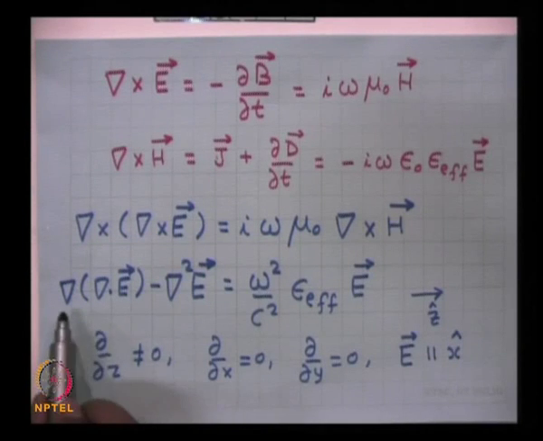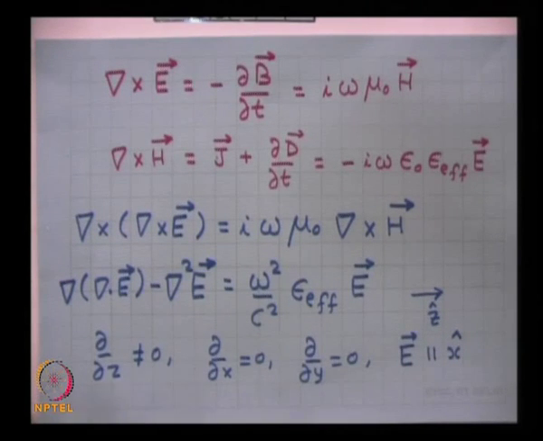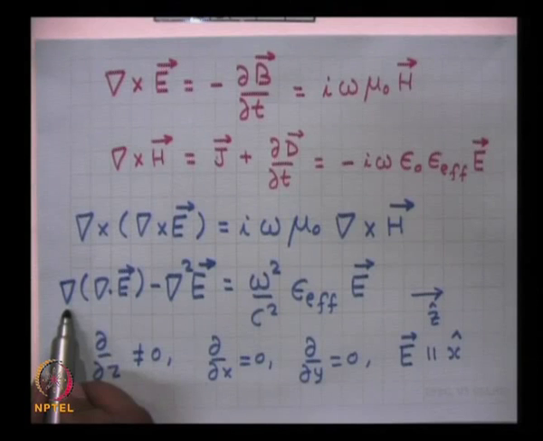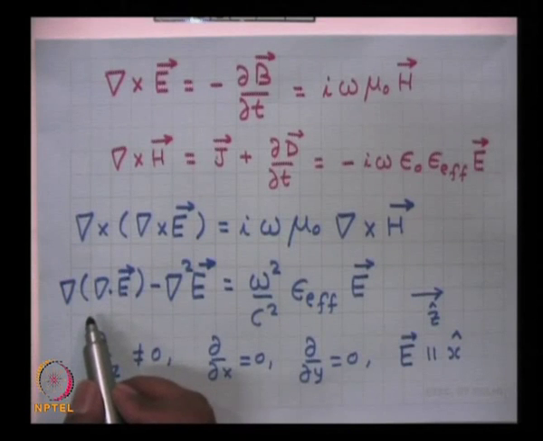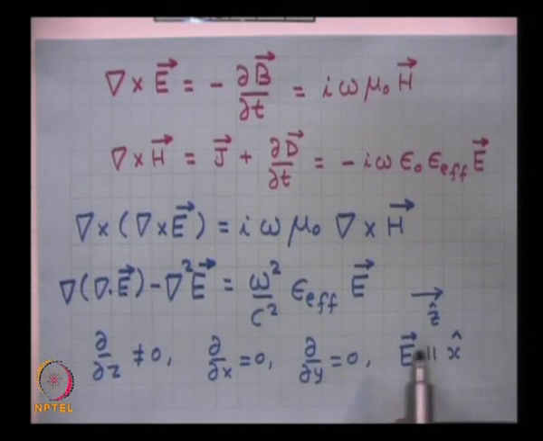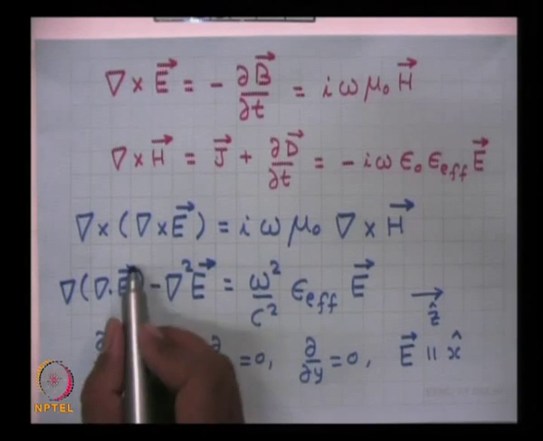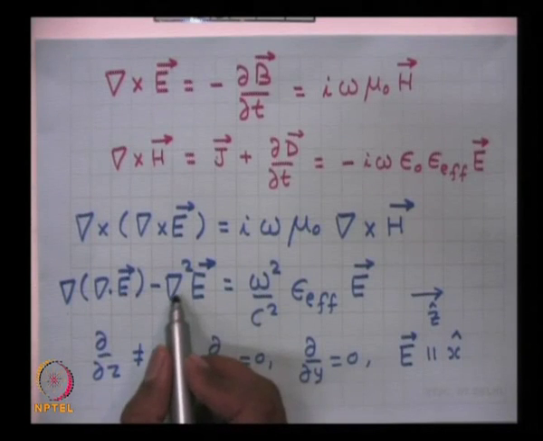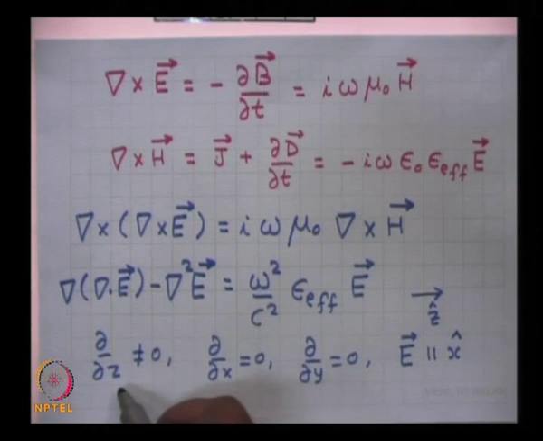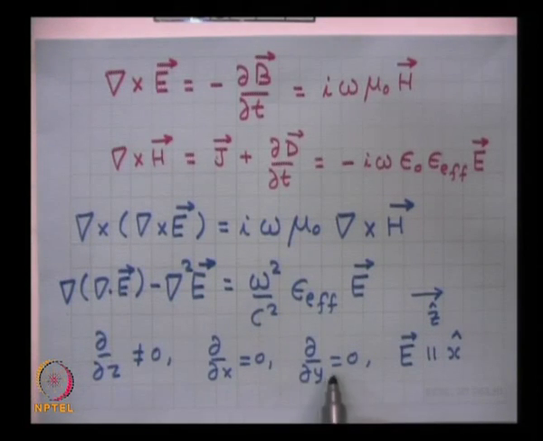So, if I take the x component of this equation, you know that del operator means ∂/∂x is 0. So, this term vanishes, means in this particular case of wave propagation along the density gradient, this term does not contribute at all. And del square becomes how much? d²/dz², because other derivatives are 0.